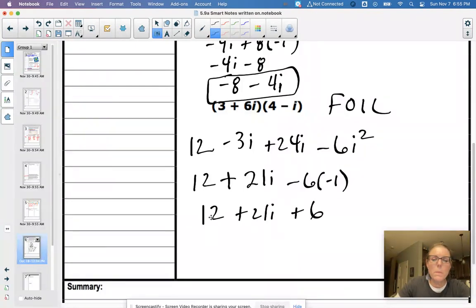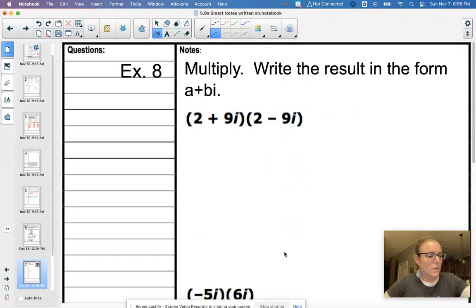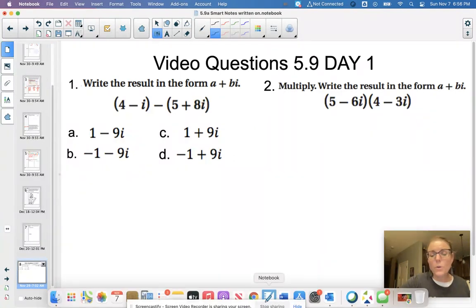So 12 plus 6 is 18, plus 21i. Real part plus imaginary part. Example 8, we're going to do in class. And here are the video questions. Please do them in your notes.